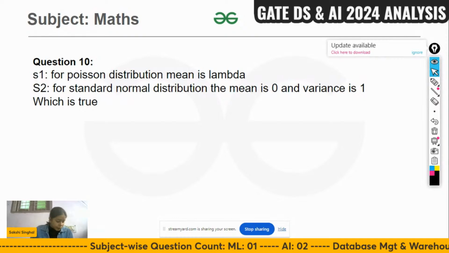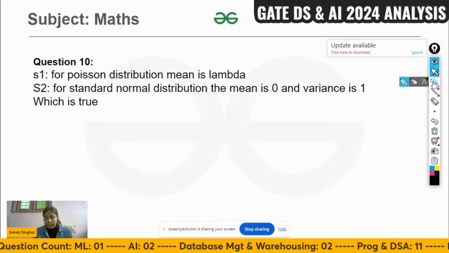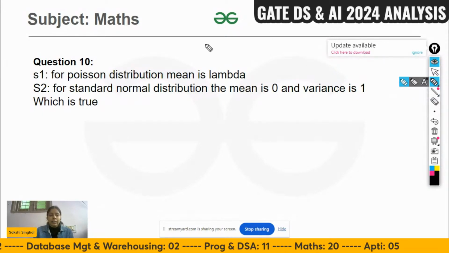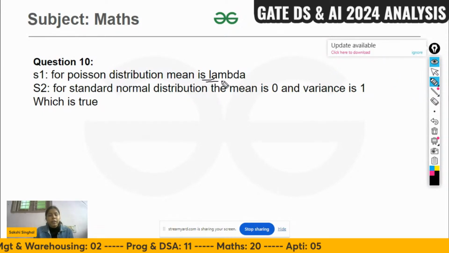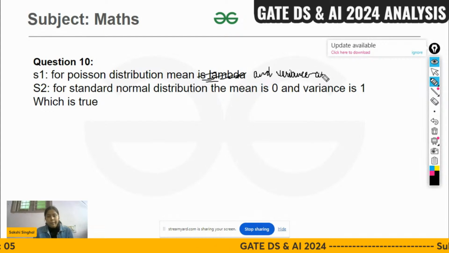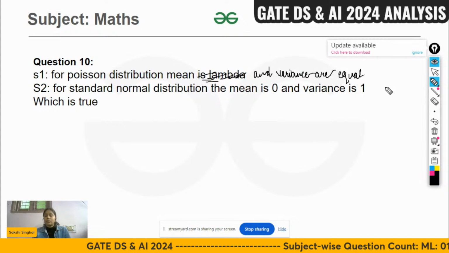Guys, this is one of the questions. The question here says, let me make it correct because I got so many inputs from the students, that for Poisson distribution, mean and variance are equal. Like this type of question is there. So you can see that this is basically a statement-based question.